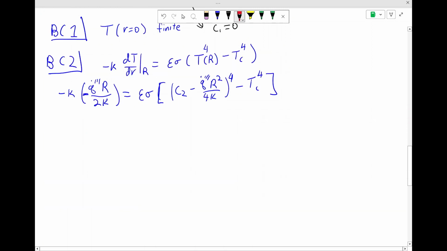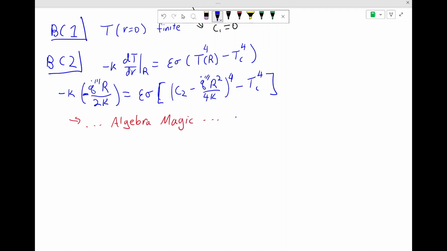Now we've got this form, so we just need to solve for C2. So let's just say some algebra magic happens and skip ahead.